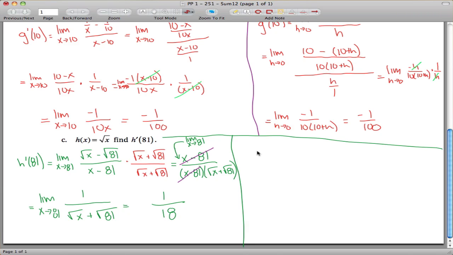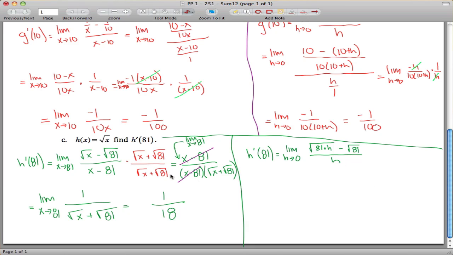All right, finally, doing this the difference quotient way, we get h prime of 81 is equal to the limit as h approaches 0 of f of a plus h, f of 81 plus h, minus f of a, divided by h.